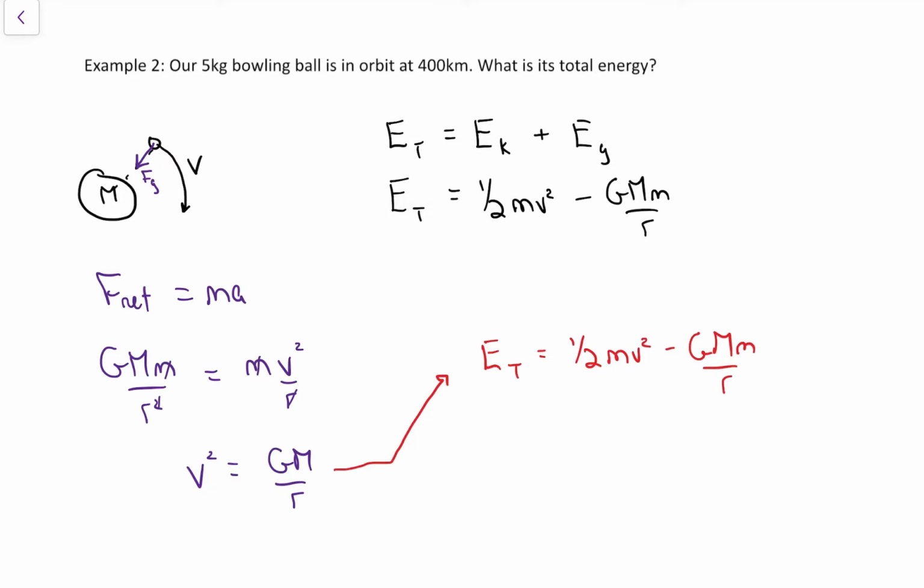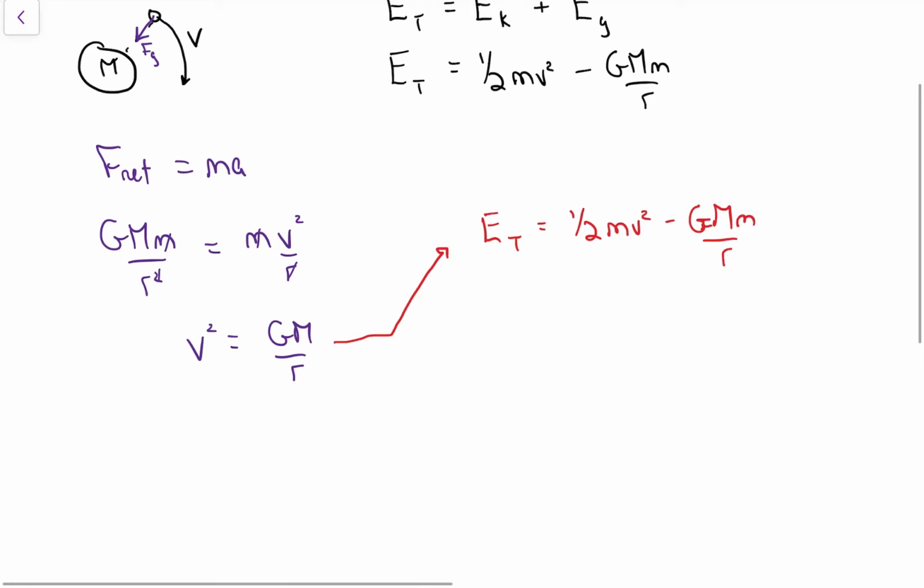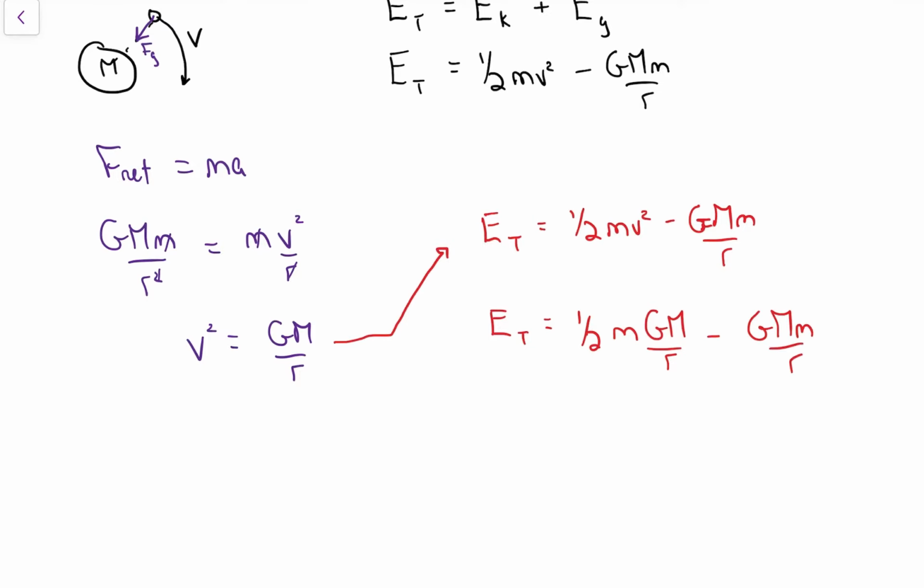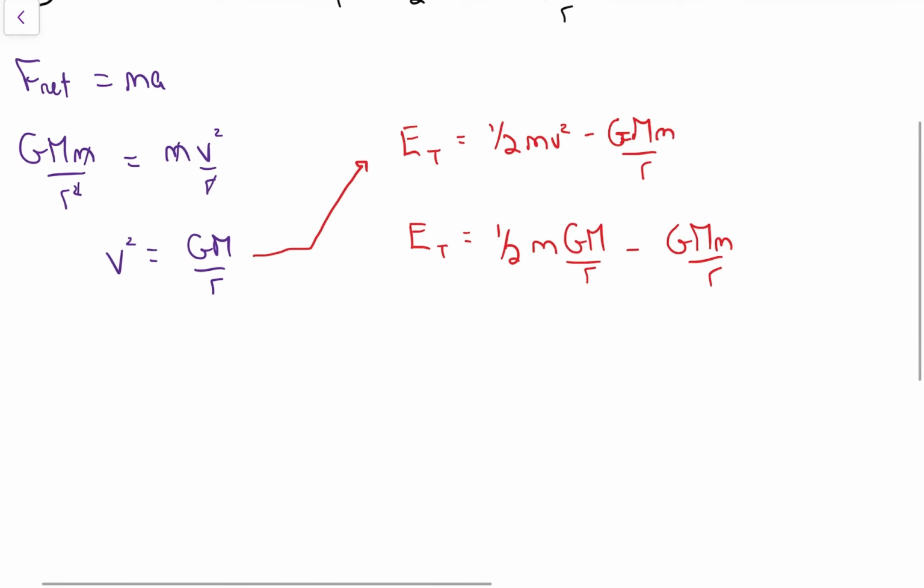Oops, that's a little bit messy. That's a capital G in there. When I substitute that in, my E total becomes 1/2 of m times GM over r, minus GMm over r. If I clean that up a little bit just to make it more obvious, I've got 1/2 GMm over r minus GMm over r.